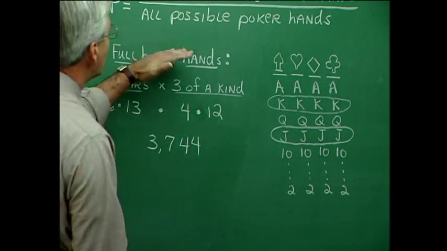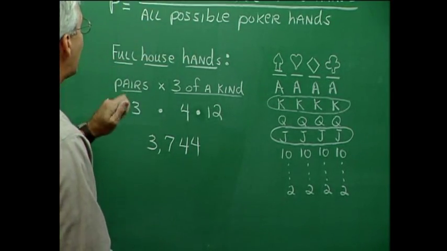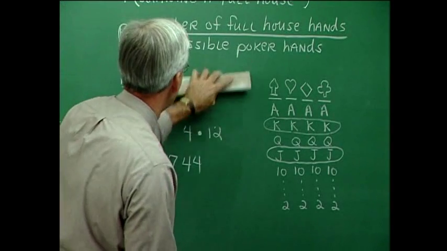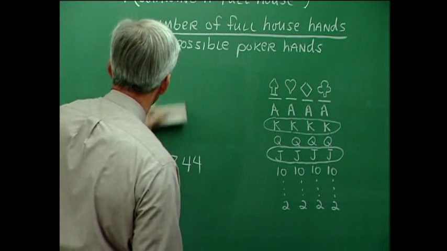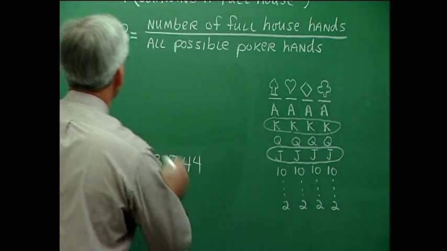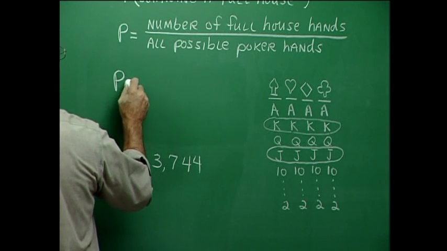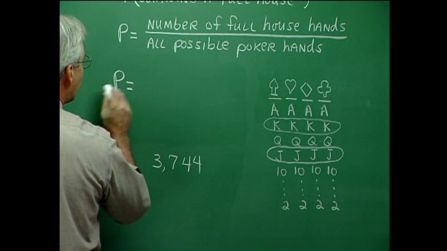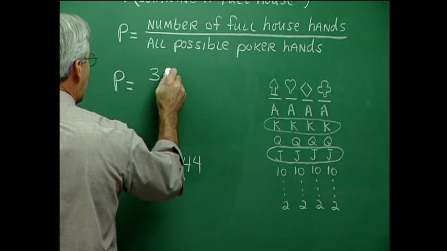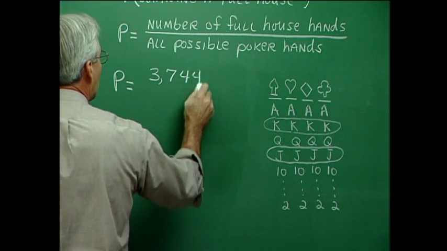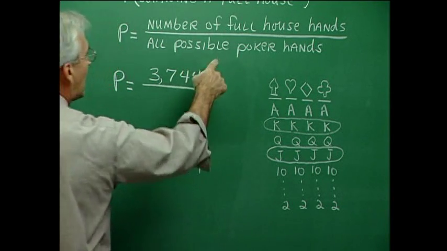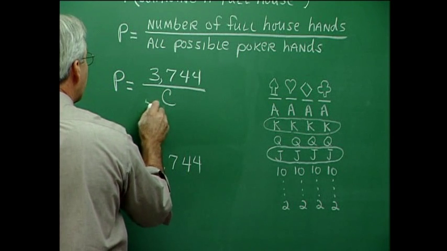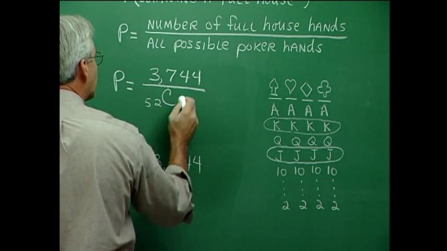Okay, so that's going to go in the numerator of this fraction. In the denominator we have, well, let me write it down like this. So this probability of drawing a full house is, let's see, the number of full house hands, that's 3,744, over all possible poker hands. Well, that would be the combination of 52 items taken 5 at a time.